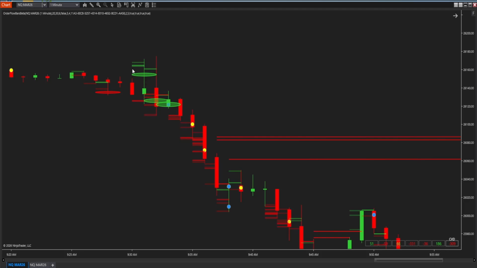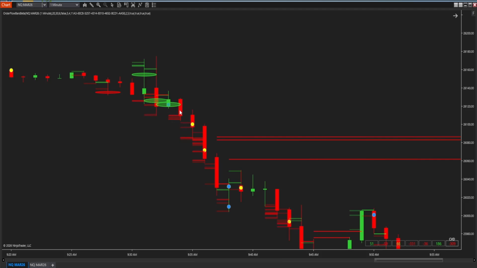Now, if you are in a buy right here and you start seeing a red candle with persistent sellers, you need to rethink your situation. And then we had a large buy right here of 30 or more contracts, and then another large buy. And then you had a blue dot of between 20 and 29 contracts. So the buyers were trying to get in and push the market up, but they could not get it done.